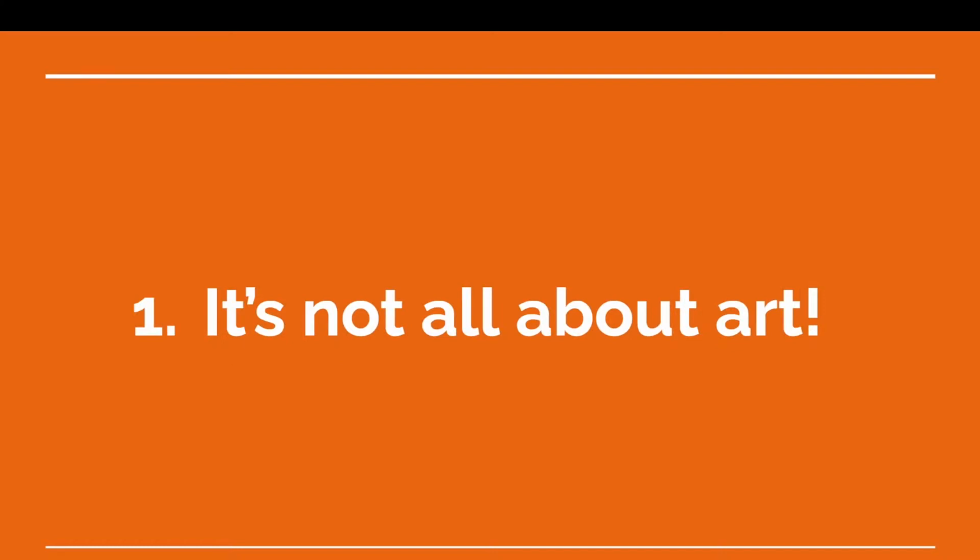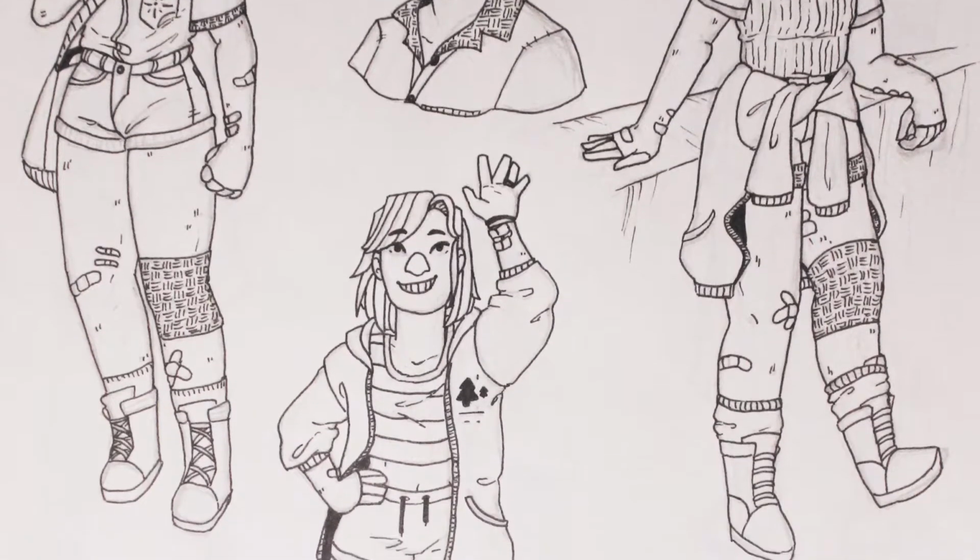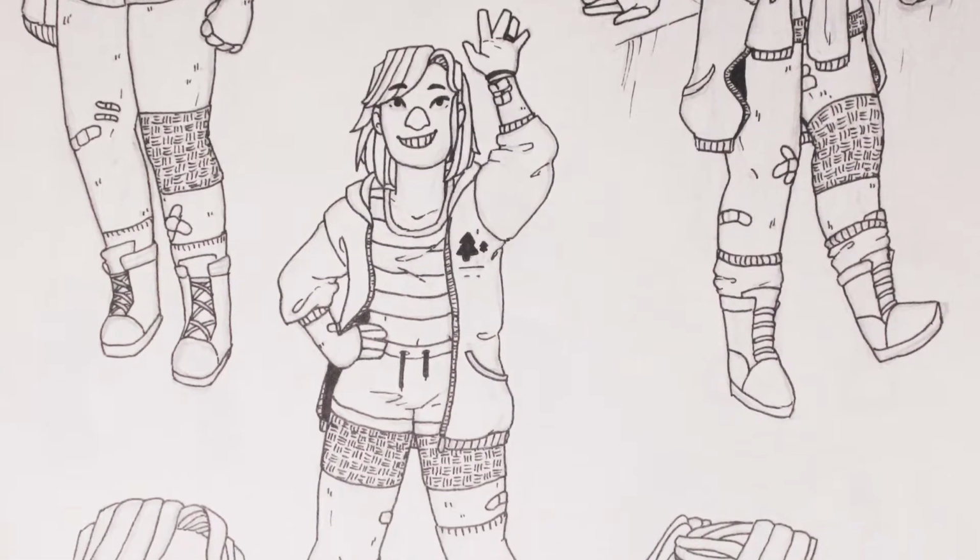The first thing to keep in mind when you're applying to art colleges is that not everything in your application has to be about art. Colleges want to see students who are quote-unquote well-rounded, which means that you have a wide variety of skills and hobbies and interests.